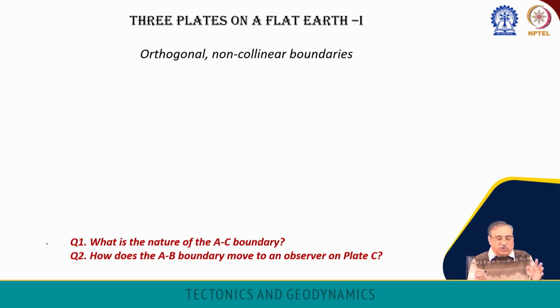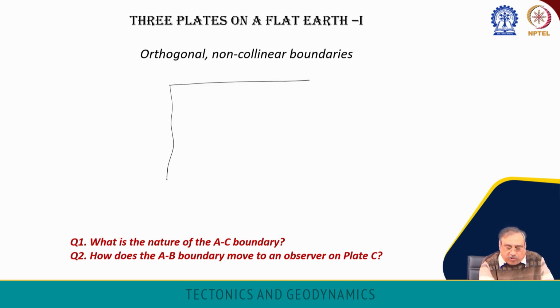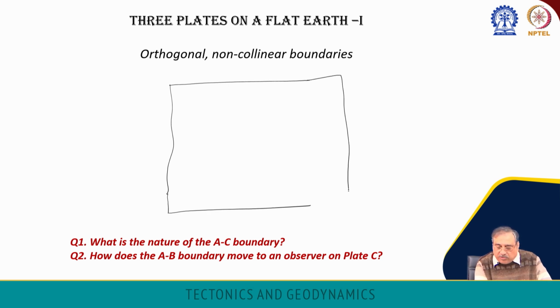So, we will now begin to think of specific cases, which are slightly different from the things we have talked about. We have talked about a two plate system, as I showed you, recollecting from the last class. Now, let us think of a more complicated system. I am just using my very poor drawing skills because I think that would give you confidence that there are people who can draw worse than you, and it does not really matter how badly you draw as long as you can convey what you want to convey.